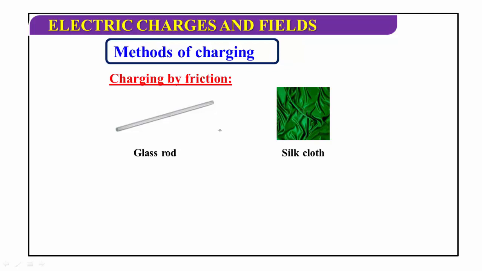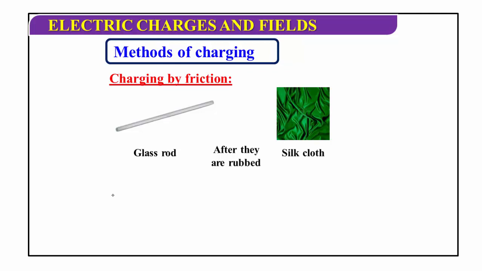When these two bodies are rubbed against each other, one of them loses electrons while the other gains electrons. The body that gains electrons gets negatively charged, and the body that loses electrons is called positively charged.